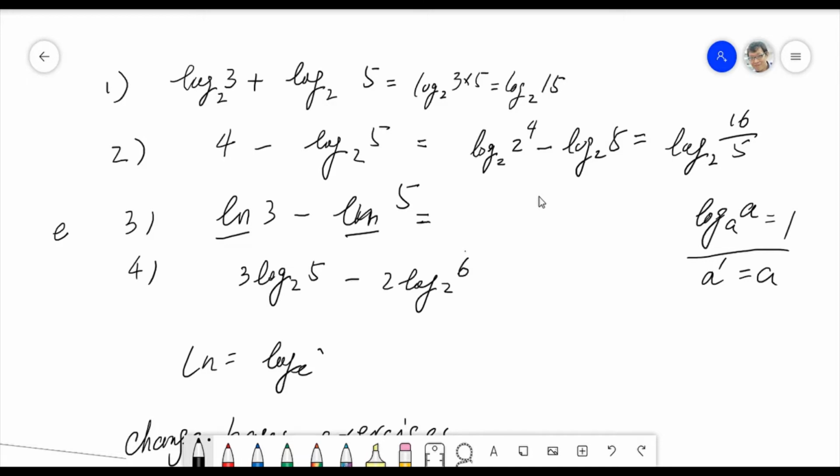So you can see this natural log 3 minus natural log 5 already have the same base, right? They all belong to natural logarithms. So the result is very easy: natural log of 3 over 5. All right, this can be the result already, right? It can also be written as 0.6, but it's up to you.